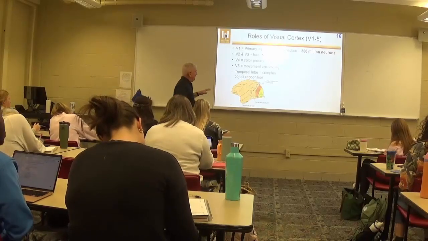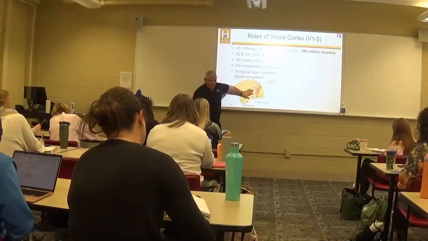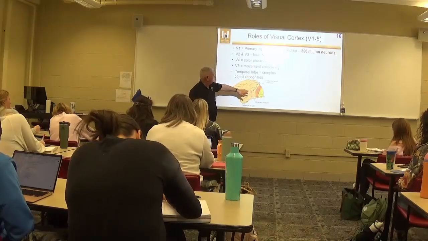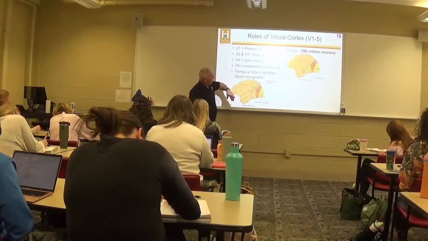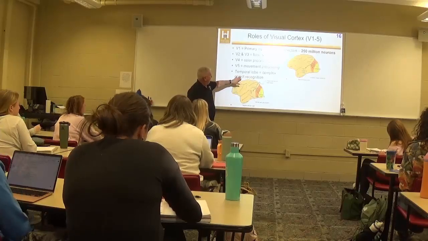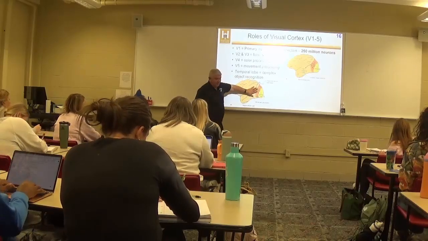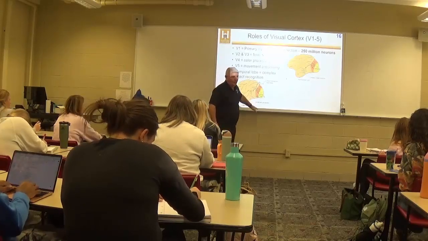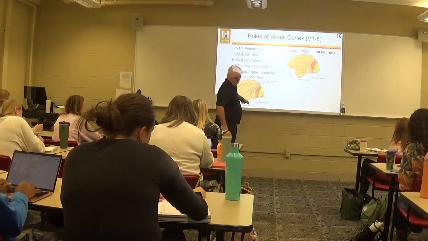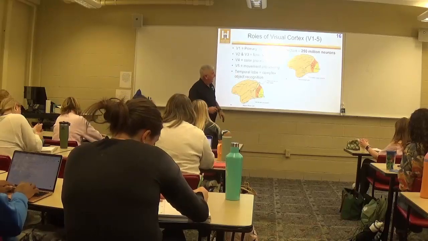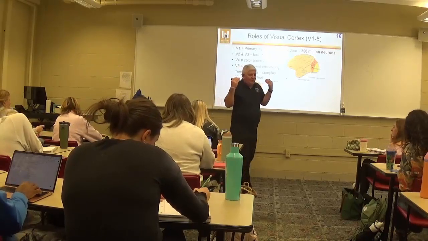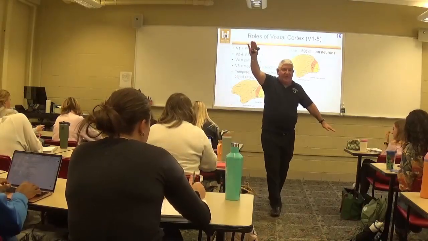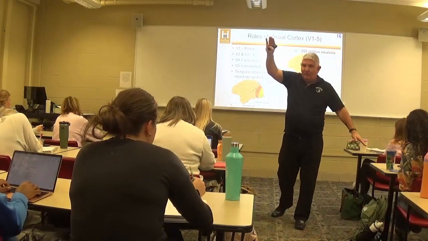Now we have some other things like middle superior temporal cortex, MST, things in the parietal lobe. The temporal lobe is sort of complex object formation, and we'll look at how that gets broken down. But basically you have two output pathways out of the visual system.